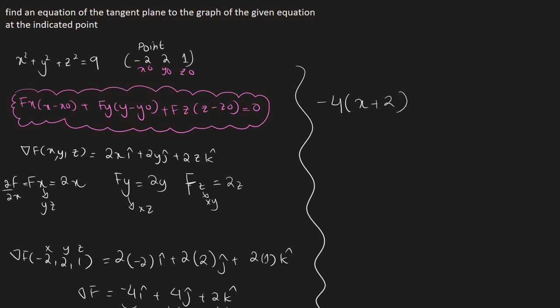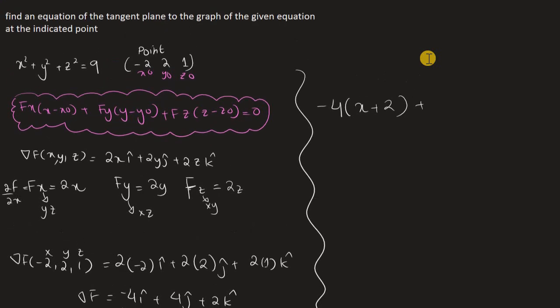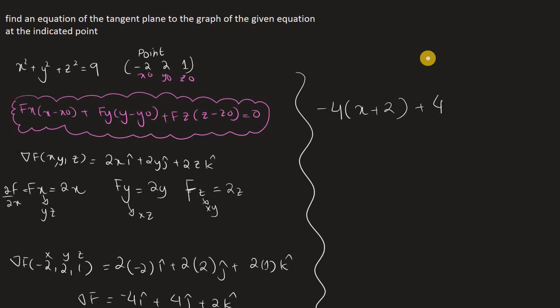x plus 2, and then plus f_y. What is f_y that we just calculated? It is 4. So then 4 times (y - y0). What is y0? y0 from the point is 2, and it's positive, so we can just write -2, because it says y minus y0.